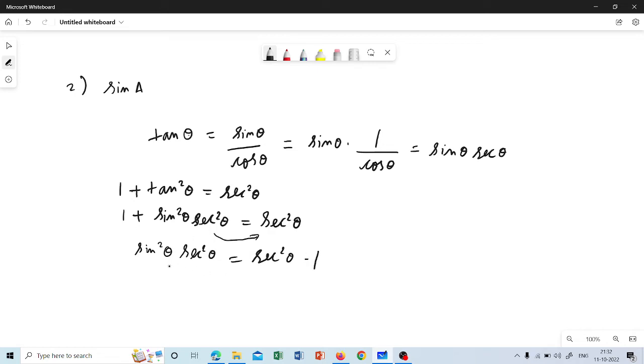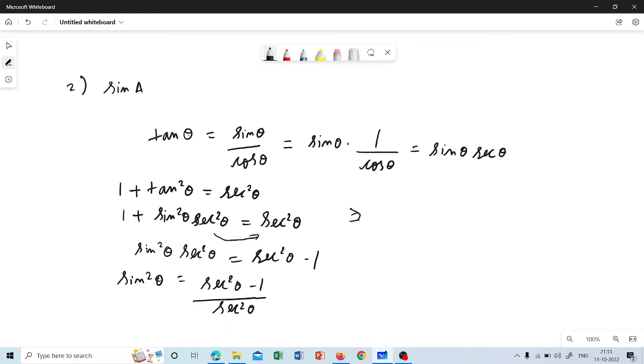So now sine square theta is equal to secant square theta minus 1 divided by secant square. So now again I am taking the square roots on both sides.